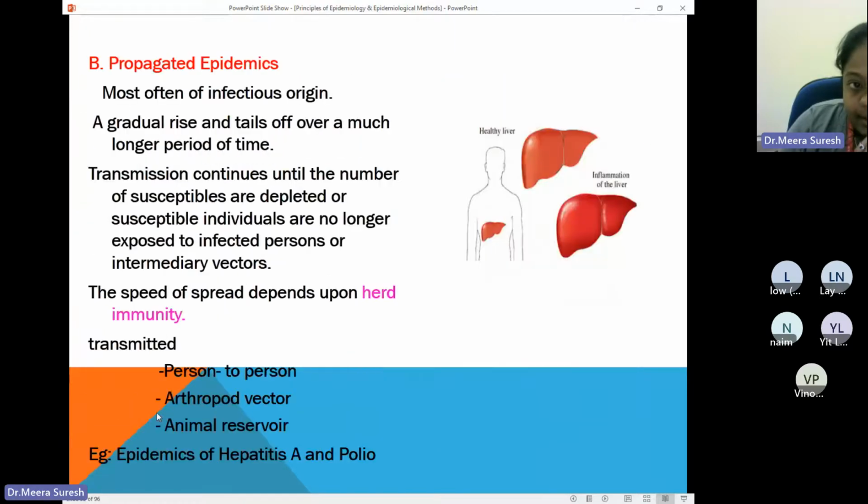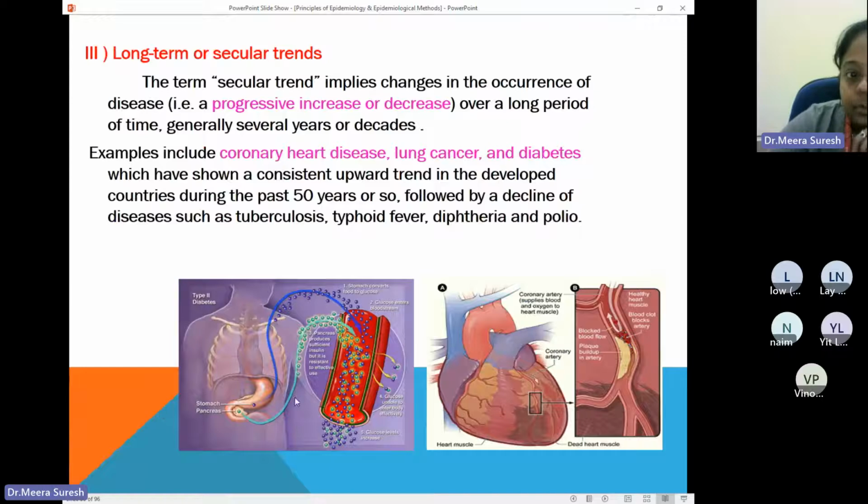But when we come to this term, the long-term or secular trends, it also indicates disease variation happening over a longer duration of time, but here there can be an increase or decrease of disease. So either there will be an increase or a decrease over the years. In the previous one, it was indicating only an increase of disease over the years. But when we talk about this classification, the long-term or secular trends, it indicates an increase or decrease in the prevalence of the disease over a longer period.